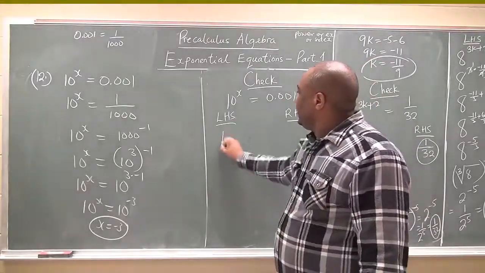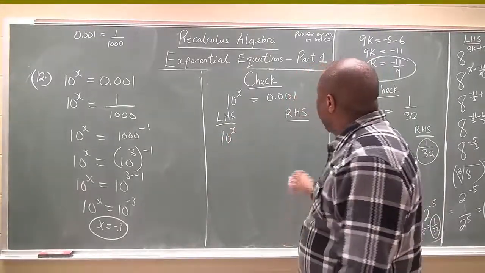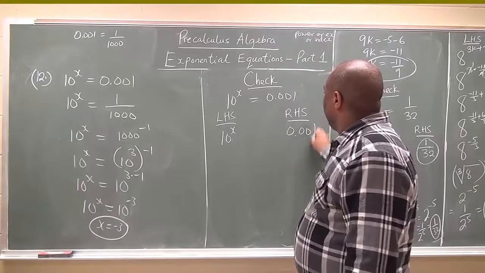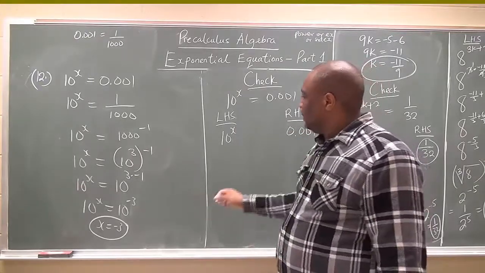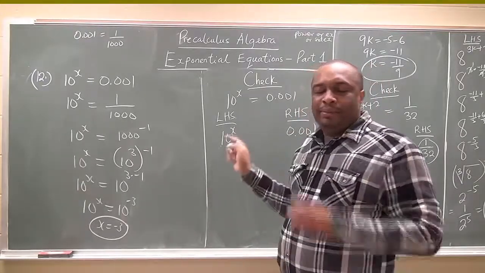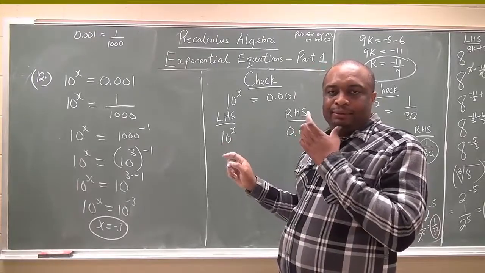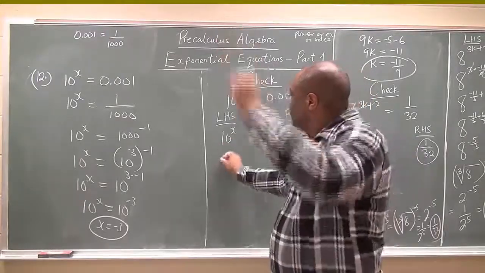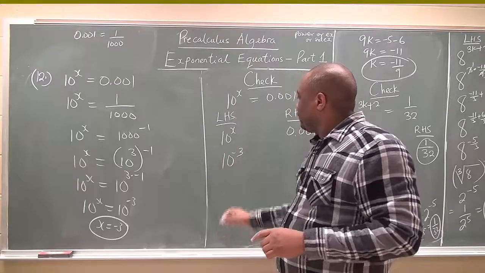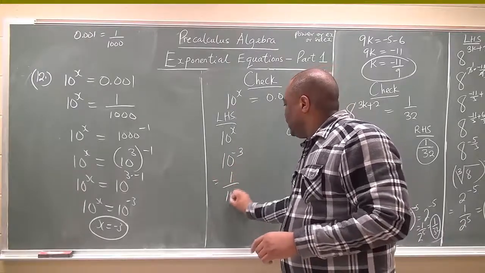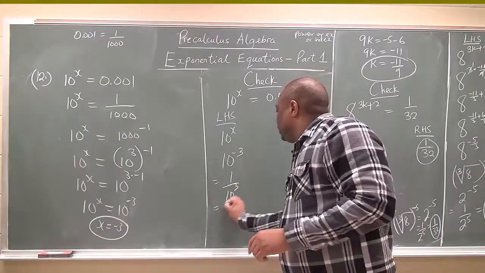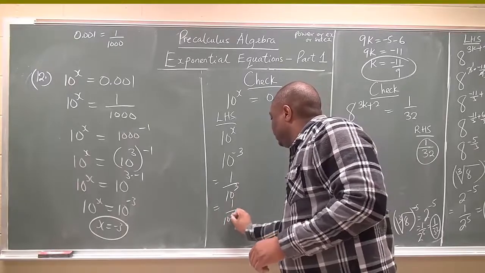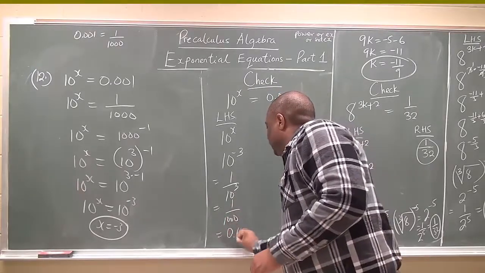Left-hand side is 10 exponent x. Right-hand side is 0.001. We got our x as negative 3. Which side has the variable? Left-hand side. So this is 10 exponent negative 3, which is 1 over 10 exponent 3, which is 1 over 1,000, which is 0.001.